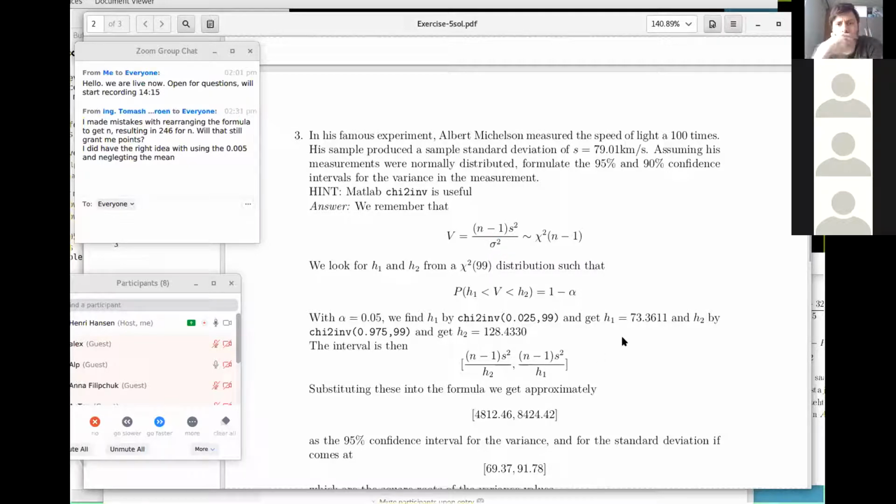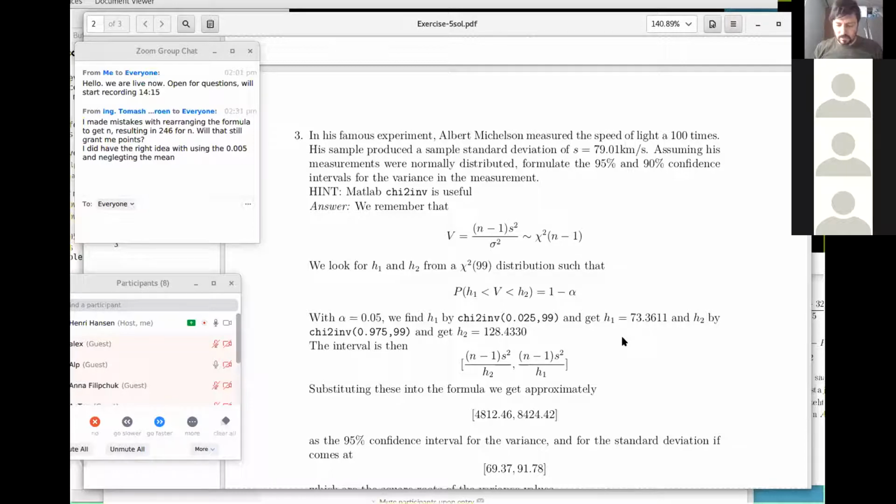And now, because the chi-squared distribution is not symmetric, I drew pictures of it. I'm definitely not very good at drawing them, but it's something like this.